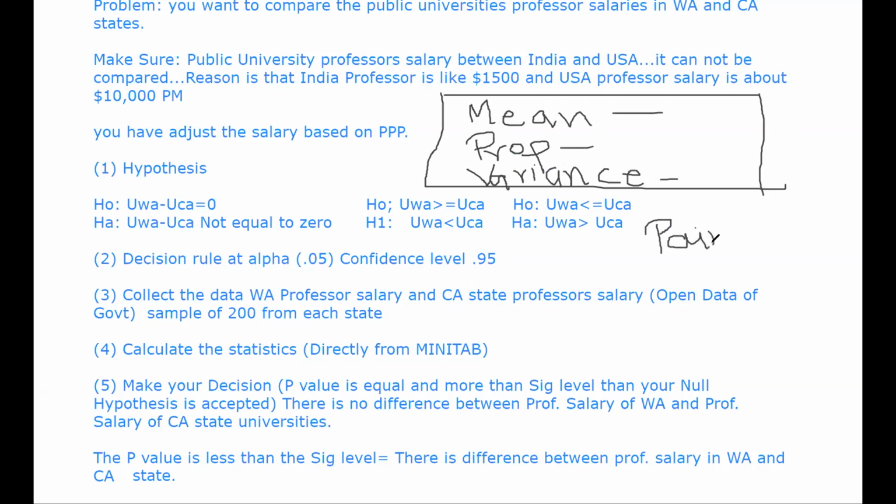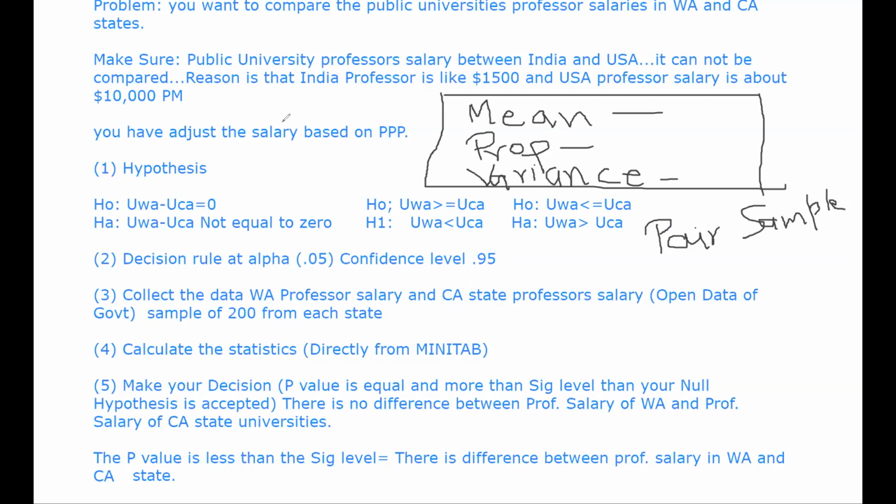It's also based on paired sample t-test. Paired sample means you are taking a sample from the same population in different situations. For example, if you are going to study pupils before education and after education.